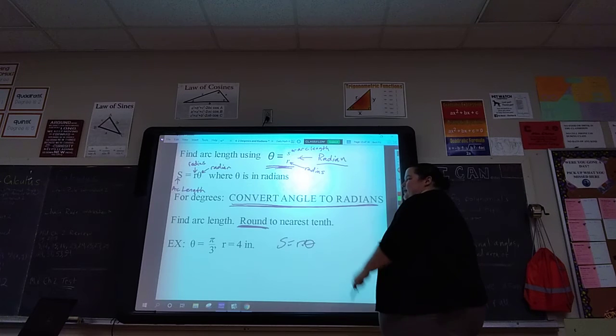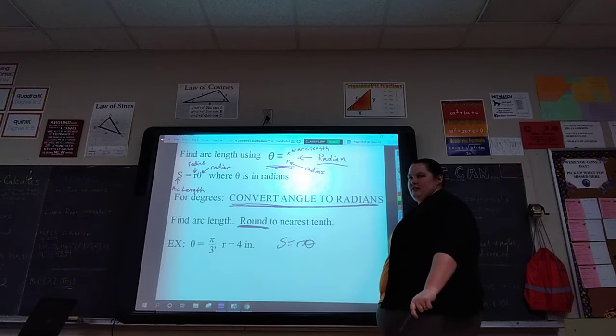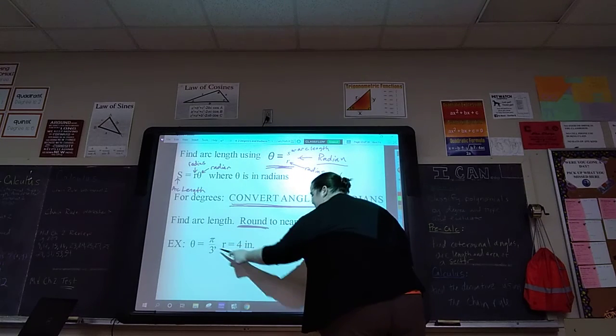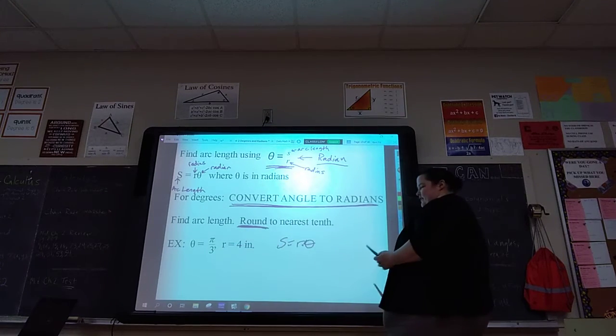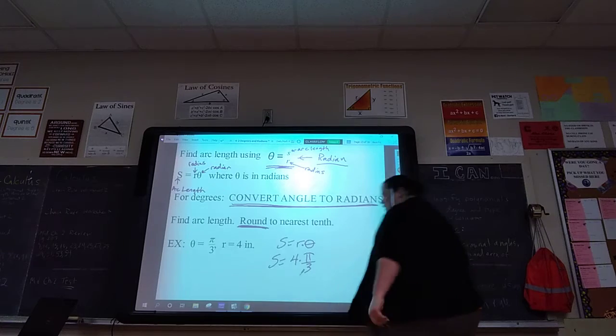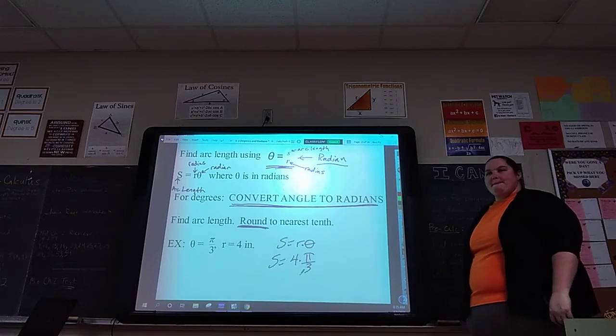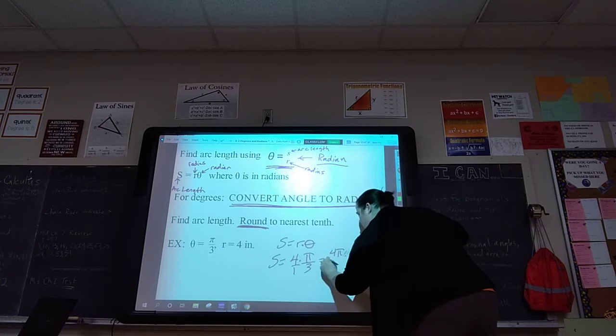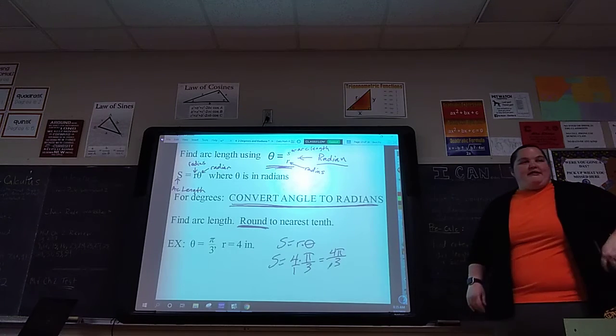Yes, okay. So do I have to worry about my big bold letters here? No. Okay. So again, since my angle measurement is already given to me as a radian, and my radius is already given to me to find arc length, I just need to take my radius, which is 4, times my radian, which is pi over 3. Okay, so I have 4 pi over 3.